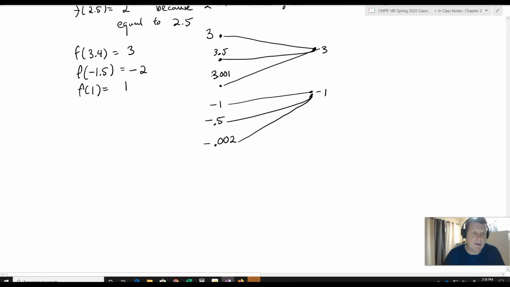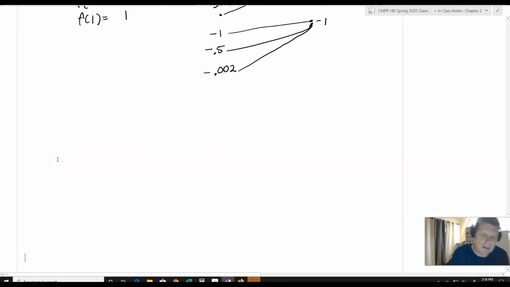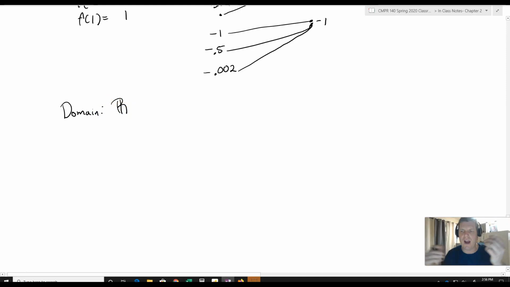So if we think about what its domain and range are, the domain's pretty simple. The domain of the floor function is going to be all real numbers, because we can always find an integer that is less than or equal to a particular real number. The range is going to be a little bit trickier, and we have to think about this logically.